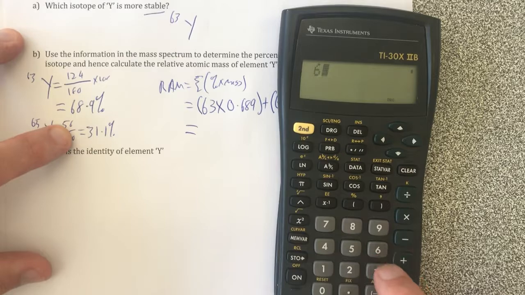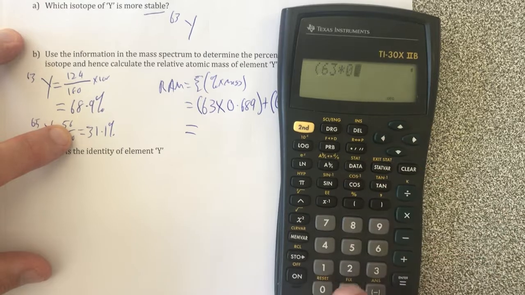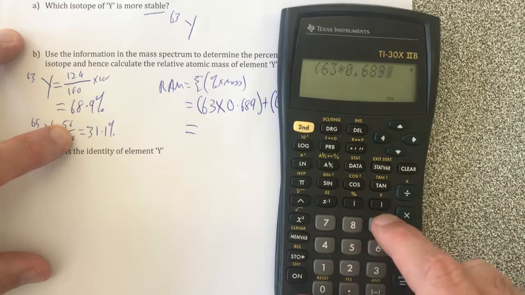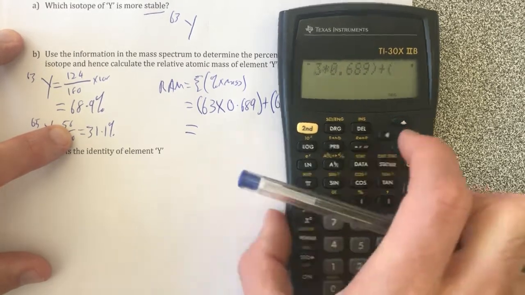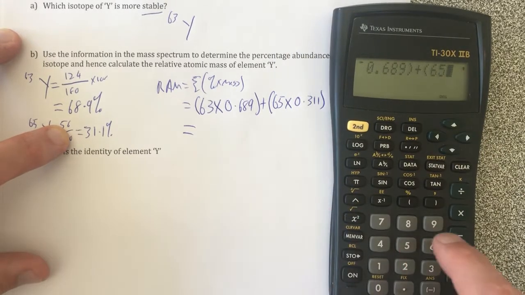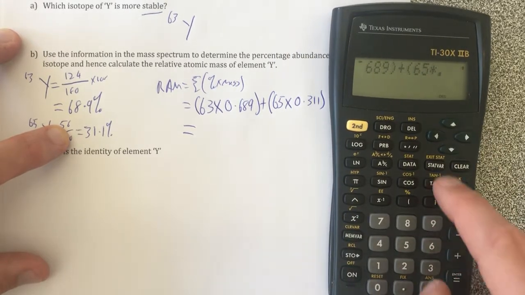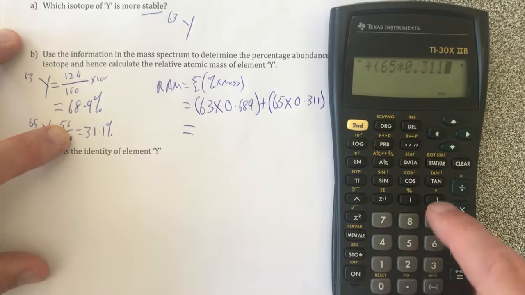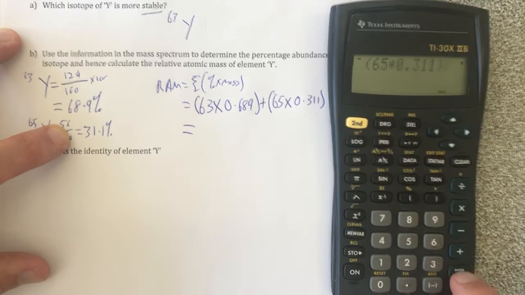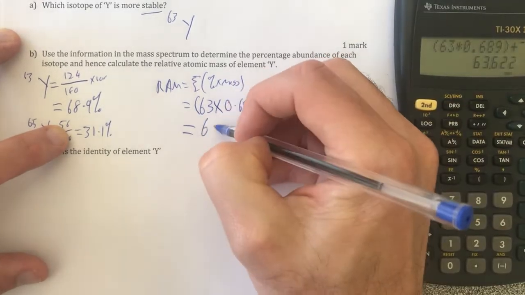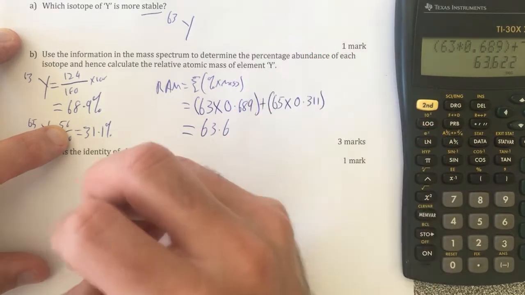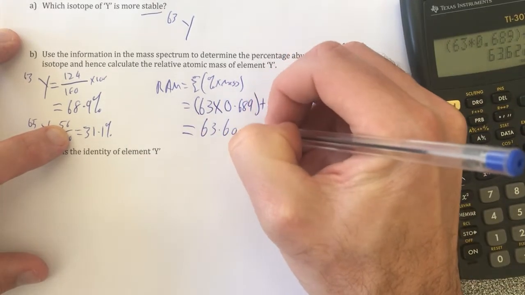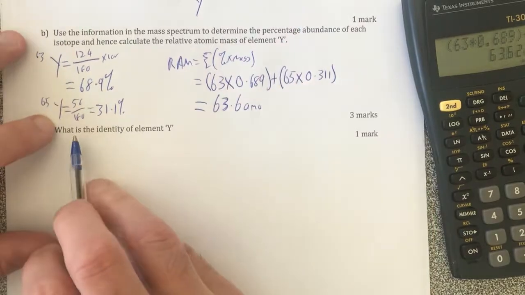So 63 times 0.689, bracket, plus, bracket, 65 times 0.311 gives me 63.6-ish AMU.